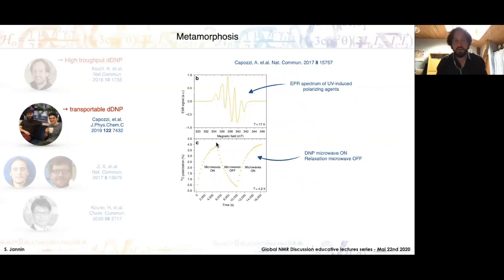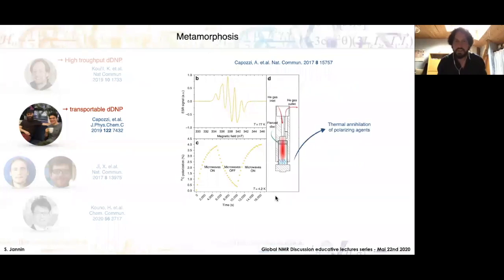So microwave on, microwave off, microwave on. You see the relaxation is fast when you turn off the microwave. But the fantastic thing about these UV-induced radicals is that if you blow hot gas on the sample and you bring the sample above 100 Kelvin, then these radicals just annihilate, they disappear.